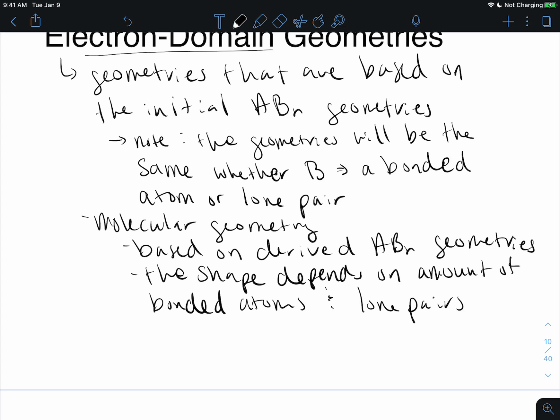We do a little bit when we're looking at our bond angle, but in general, an electron domain is an electron domain. It doesn't matter if it's a bond or an electron pair, a lone pair. With our molecular geometry, we're going to differentiate the geometries based on what type of electron domains are around that central atom. They're still going to have the same overall geometry of the electron pairs, but they're going to be described as different geometries based on whether we're looking at our electron domain geometry or our molecular geometry.